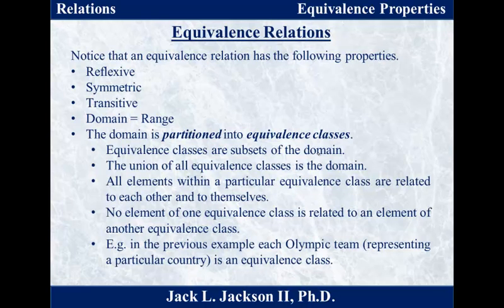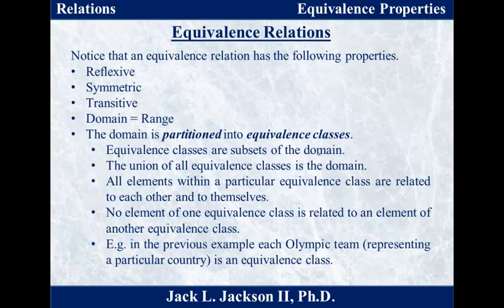All elements within a particular equivalence class are related to each other and to themselves in both directions. A is related to B, B is related to A, and A is related to itself. B is related to itself if they're in the same equivalence class. No element of one equivalence class is related to any element of another equivalence class, so these equivalence classes don't overlap.